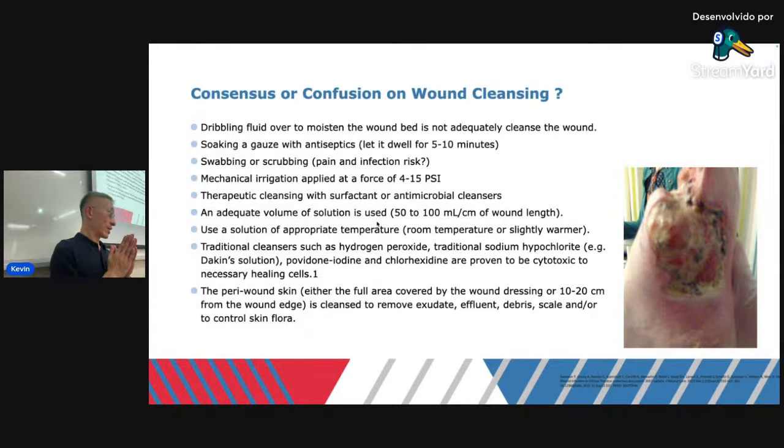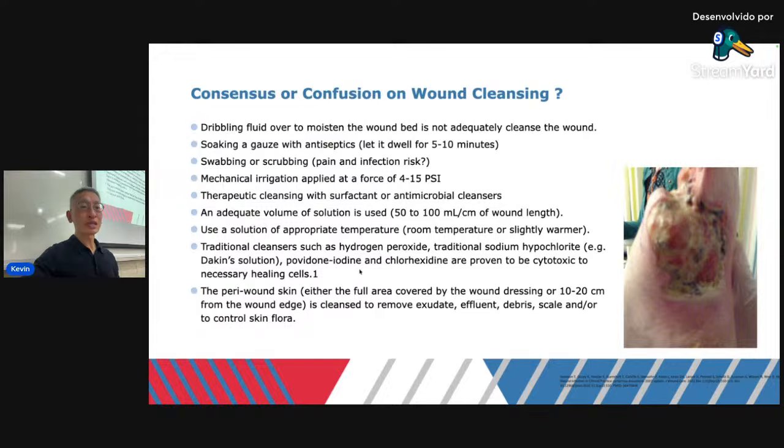I can't remember the last time I actually used that much solution to clean a wound, but it's really promoting the idea that we need to use an adequate amount of pressure and fluid to clean the wound thoroughly. Because, and I'm going to come back to this point, it's not just about local wound cleansing, but also peri-wound cleansing as well.